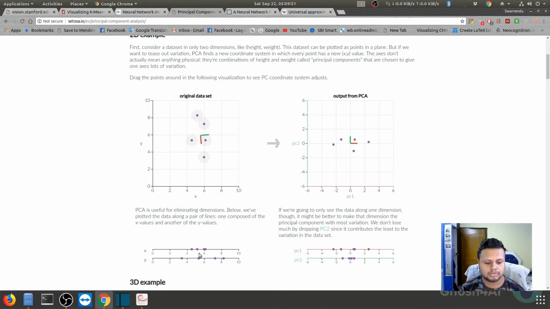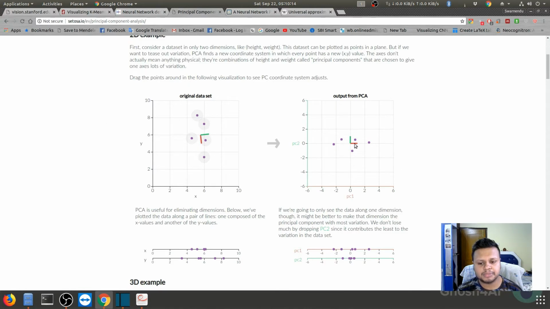Okay, so if you see, we have 5 points here. In the y-axis you can see only 4 points because these 2 points overlap to the same y value, and in the x-axis also there is very little separation among these two.